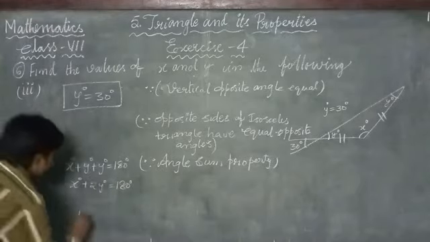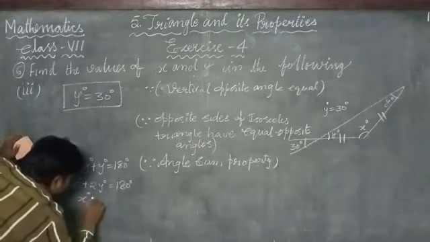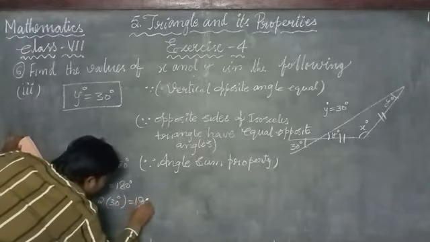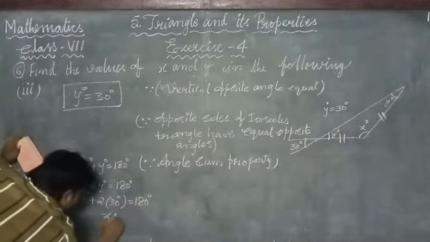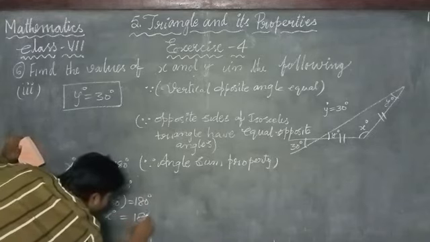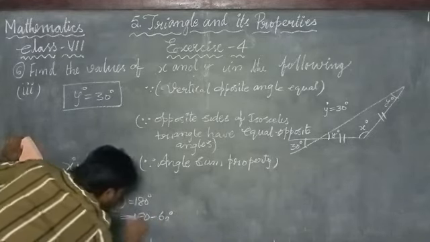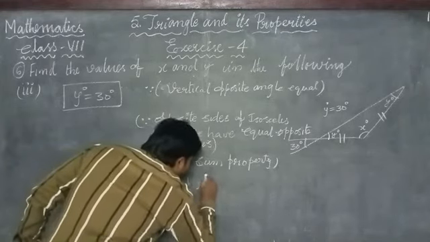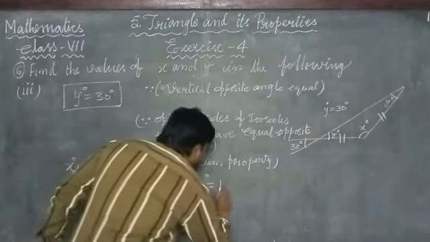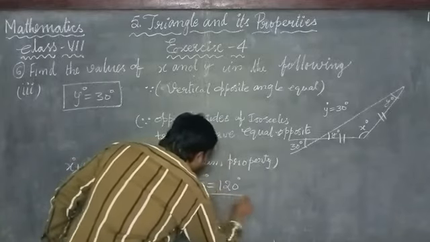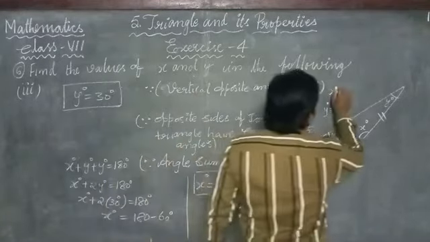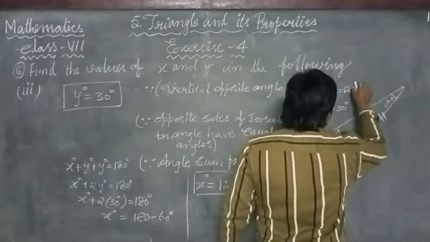Then y equals 30 degrees. x degrees plus 2 times 30 degrees equals 180 degrees. Then x degrees equals 180 minus 60 degrees. 2 times 30 means 60 degrees. Then x equals 180 minus 60, which is 120 degrees. Here x equals 120 degrees.